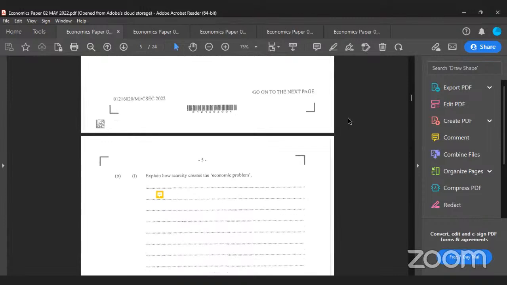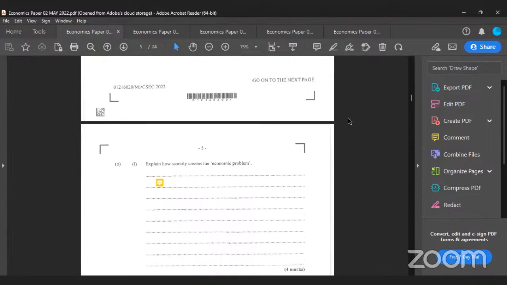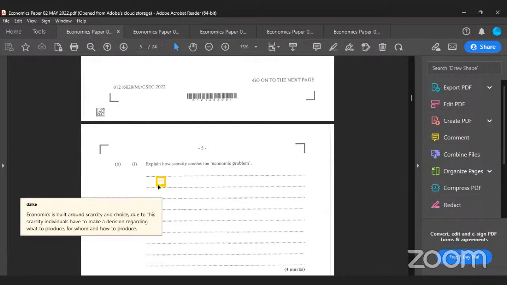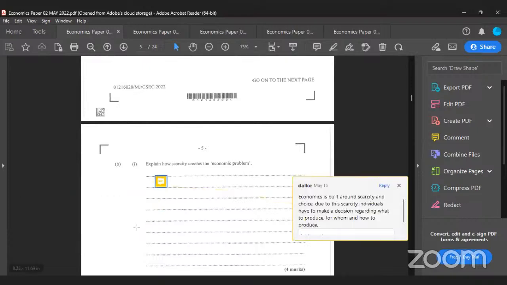They asked us to explain how scarcity creates the economy. Economics itself is built around scarcity and choice. We understand that resources are finite, not infinite, and thus you have to make a decision.